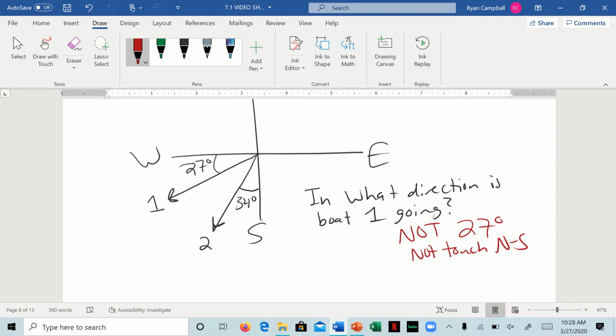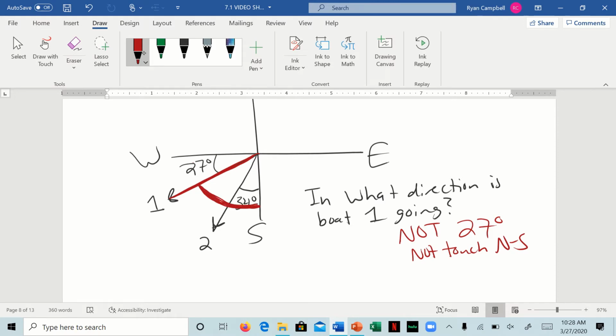So what we need to do is figure out what angle boat 1 makes when it touches the north-south line. Now again, some of y'all might be thinking, oh, it's this angle, right? This is the only other angle. But is this touching north-south? No, it's not. So you have to go all the way from here to the north-south line. So it's both of these.